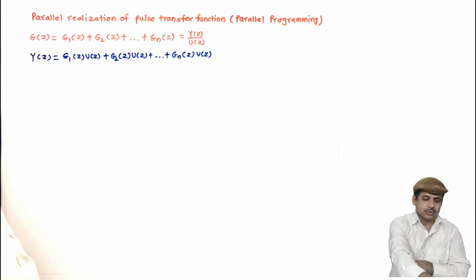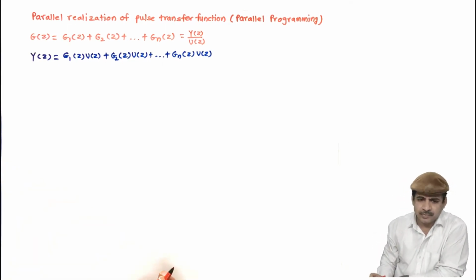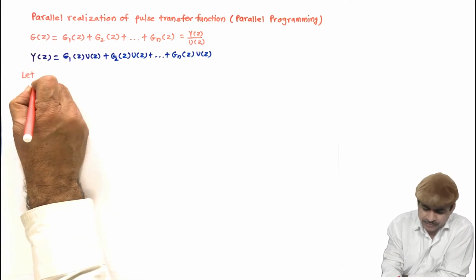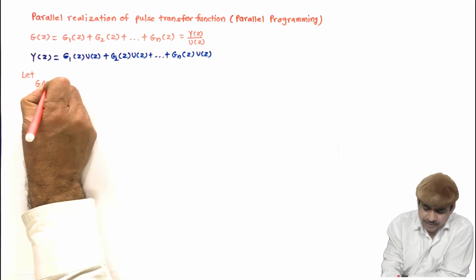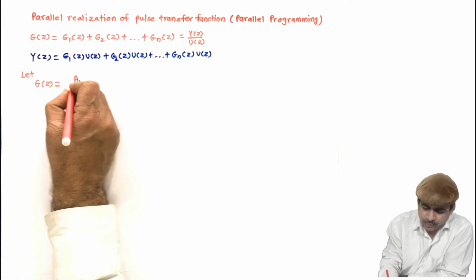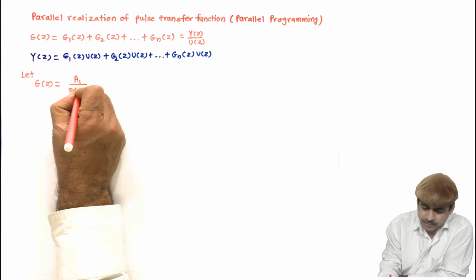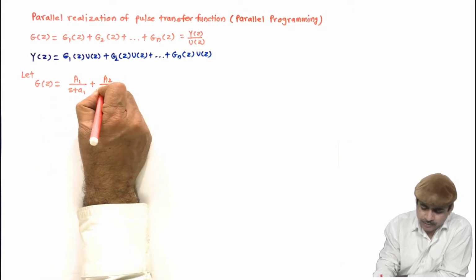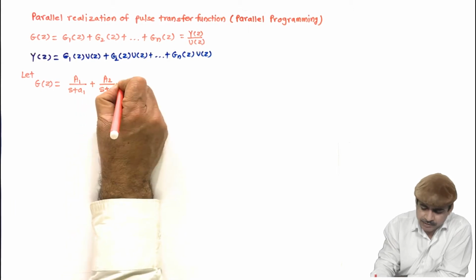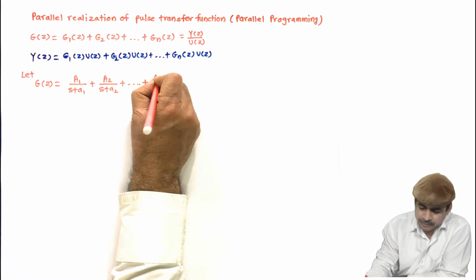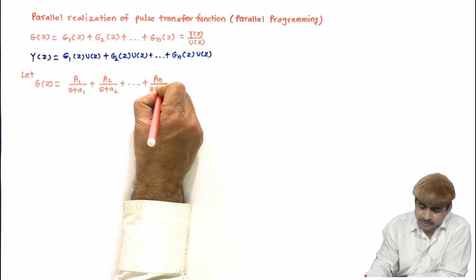So here let us consider one case. Let G(z) be A1 upon s plus a1 plus A2 upon s plus a2 plus so on An upon s plus an.